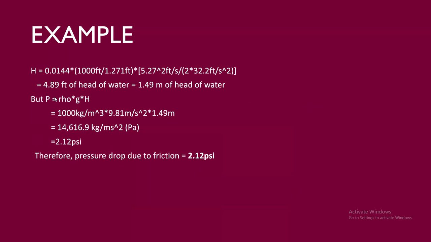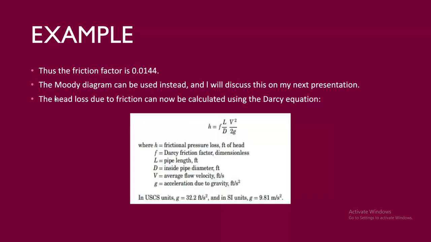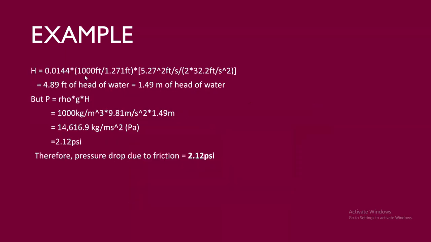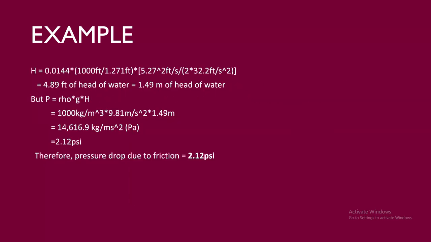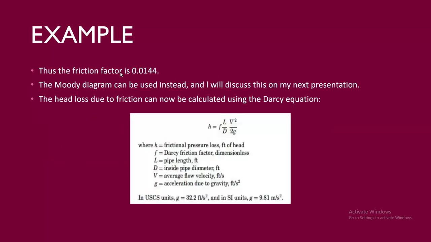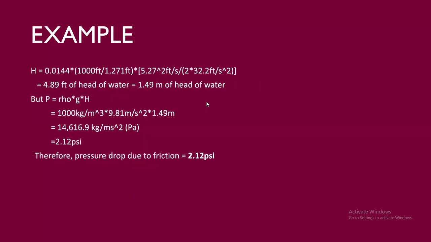So, putting it back, we know our F. We put our length. We're told to calculate per 1,000 feet of pipe length. Then our diameter, we got it as 1.271 feet, multiplied by our velocity squared.